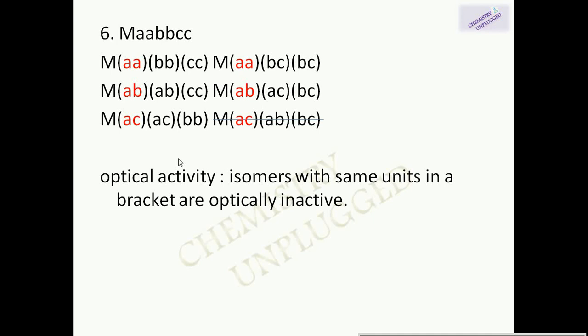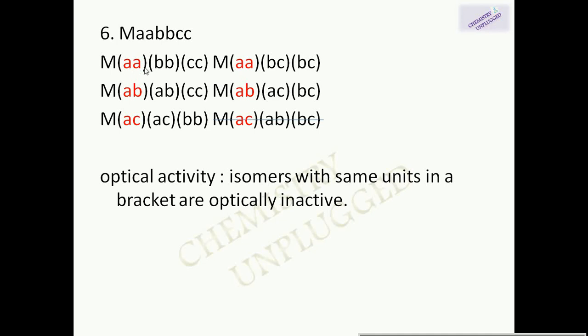One important thing is that we can also identify optical activity. We will discuss optical isomerism in detail in the next video, but I am giving you a trick here. When two same type of ligands are in one bracket, there is no optical activity.